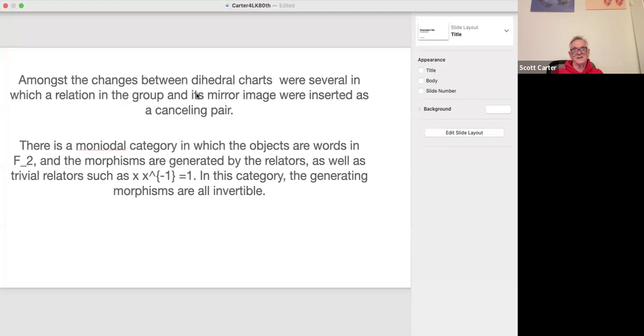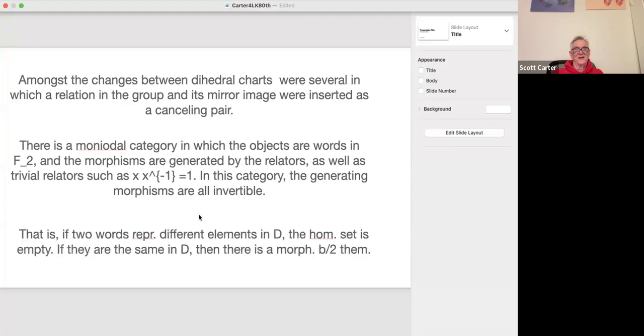In this classifying space, it has to do with homotoping disks past each other. So in that category, if you have 2 different words in the free group and they represent different elements in the dihedral group, the Hom set between them is empty. If they're the same word in the dihedral group, then there's a morphism between them, which is given by the diagram determined by the relations there.